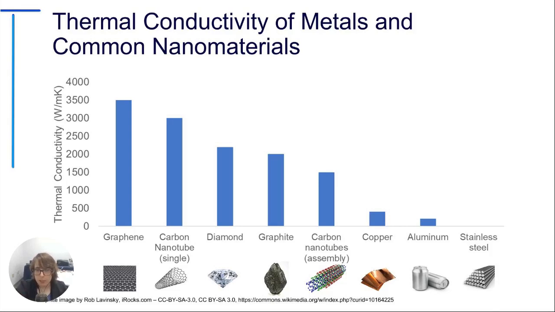A few of the common materials used for this purpose include things like graphene, which is basically single sheets of graphite. Carbon nanotubes, including single carbon nanotubes and also carbon nanotube assemblies, and somewhere between the two would fall the multi-walled carbon nanotubes.